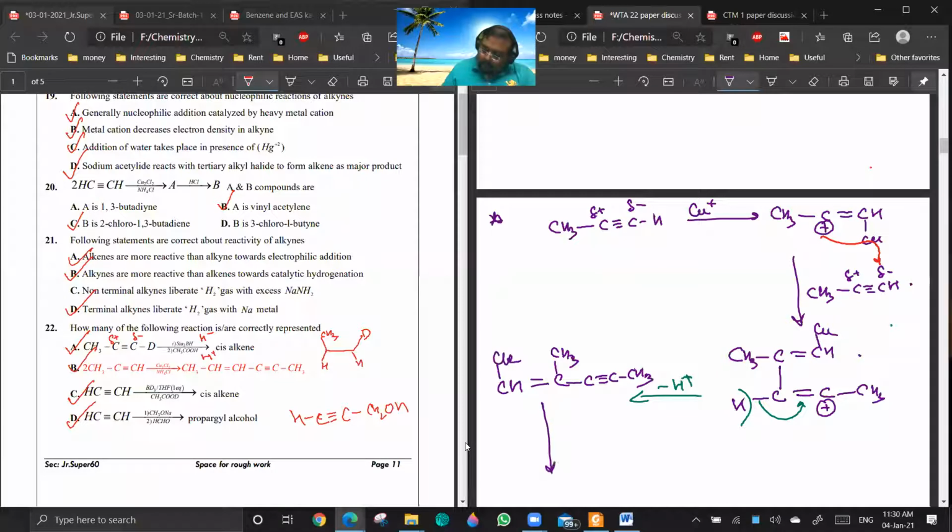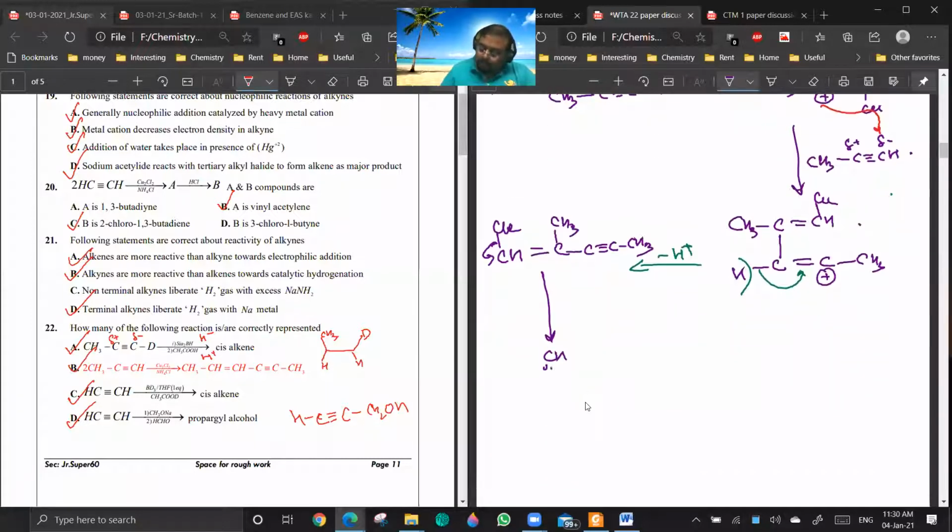And last step, this Cu will go out. And since copper is a metal, the bonding pair will be with carbon only. And finally, H plus.